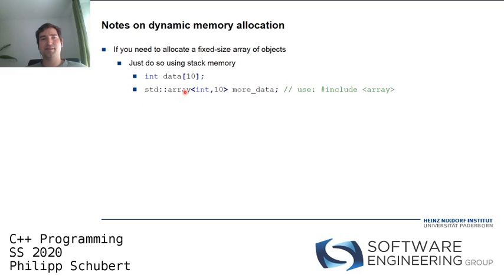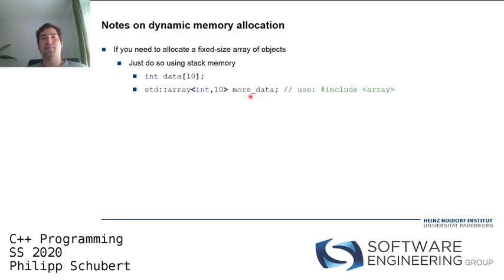If you use C++11 and above, which you hopefully use, you can also use the safer wrapper type in the STL. The STL provides a std::array implementation, and std::array is a safe wrapper around a built-in array, where you can say, this should be an integer array of 10 integers, and you give it the variable's name, data.